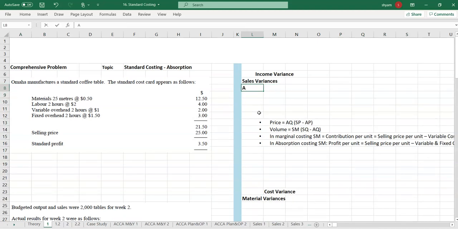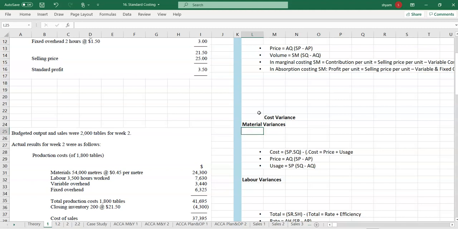So first we have to find things like S cube, then SP, then A cube and AP. So we need to find these numbers. These are important things. Only when we find these can we find other numbers. So we'll first paste these things.